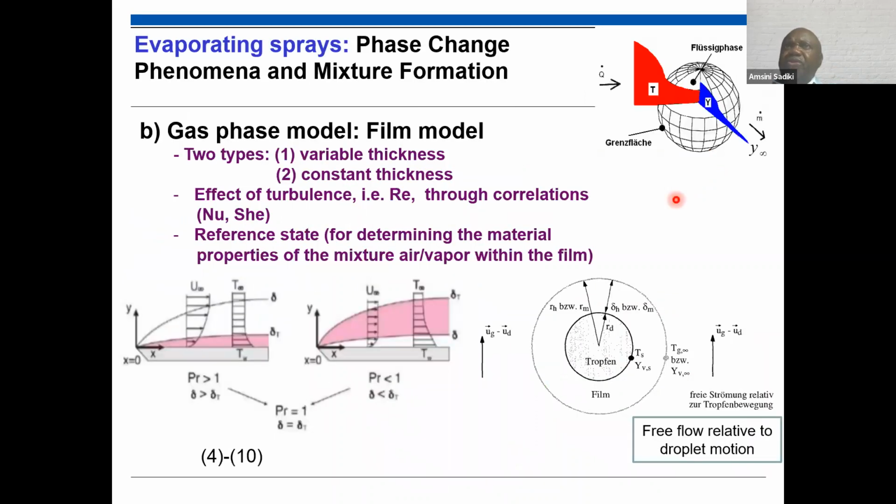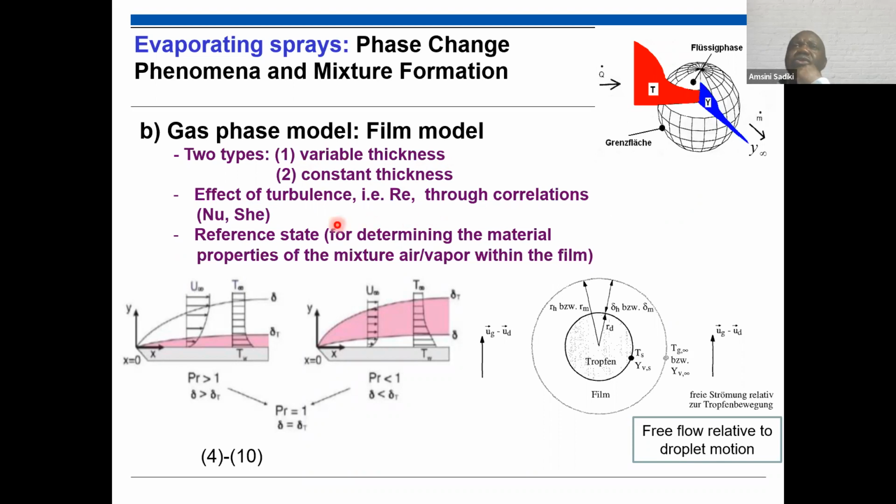Now we go to the gas phase model, the film model. For this, we have also two kinds of film. We have the so-called constant film model, the constant thickness, excuse me, and we have also the variable thickness. We will account for the effect of turbulence through the Reynolds number, and this will be introduced through correlations.